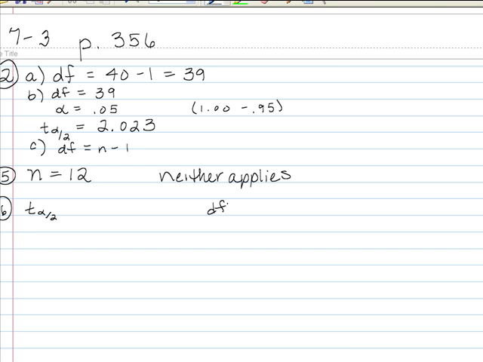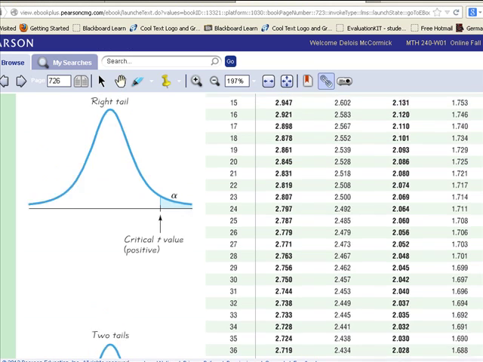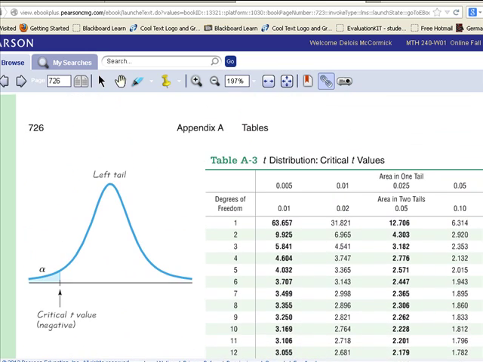Okay, and alpha is 10 because we're told a 90% confidence level. So we need to go to our table again. Alright, so I need to scroll up to see which column. I want 10% in the two tails, and for some reason it keeps bouncing back down.